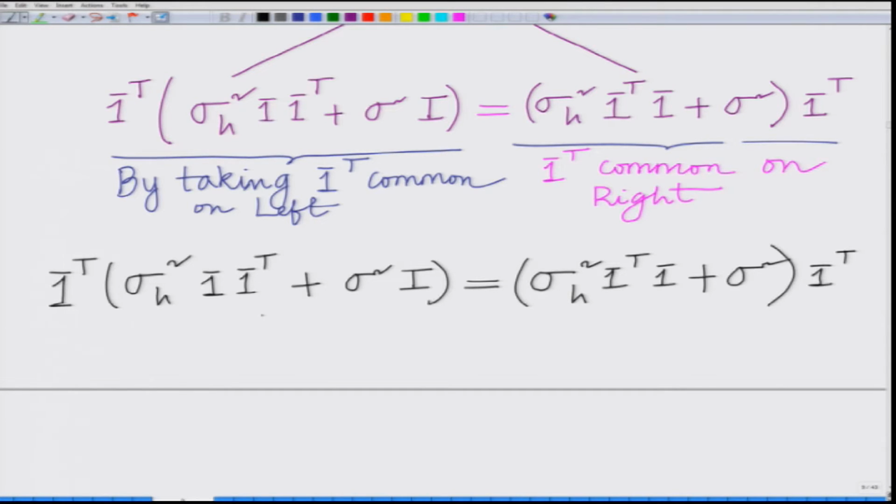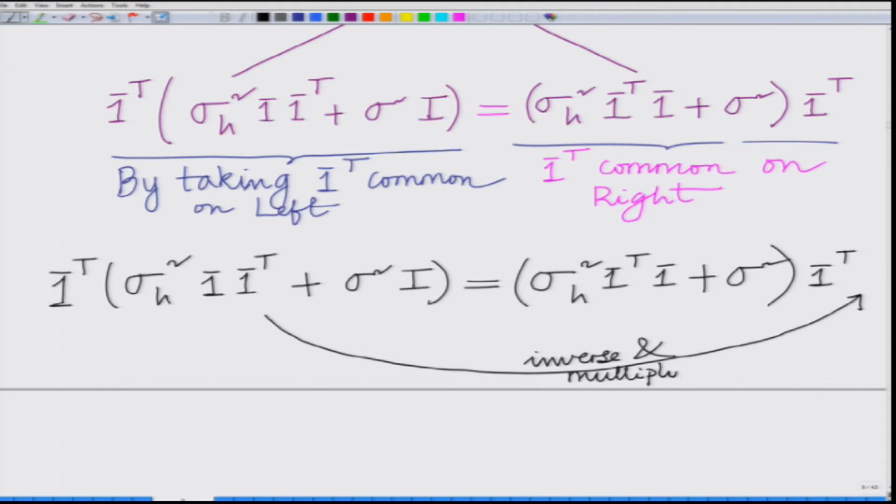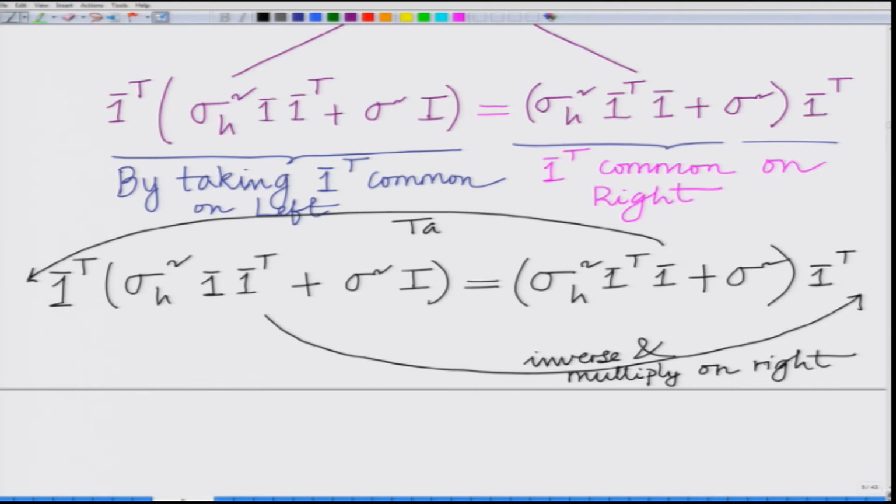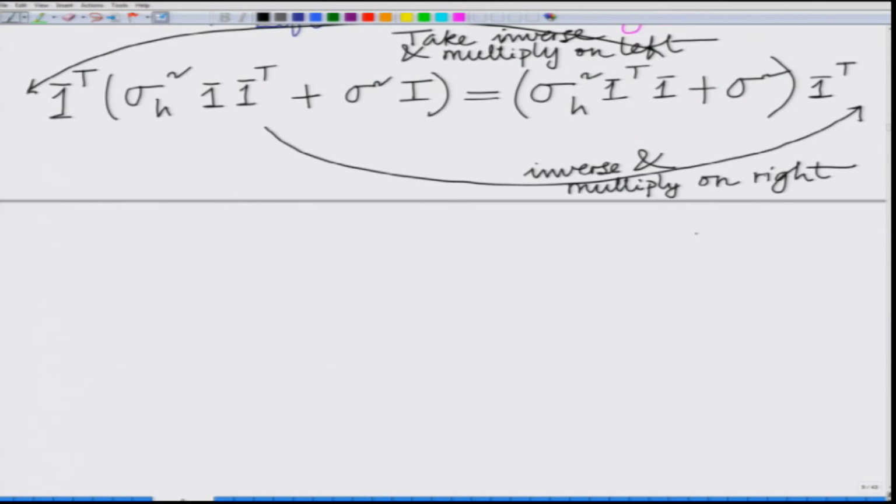Now I can take the inverse and multiply on the right of the expression on the LHS, and this term I can bring over here, take the inverse and multiply on the left.